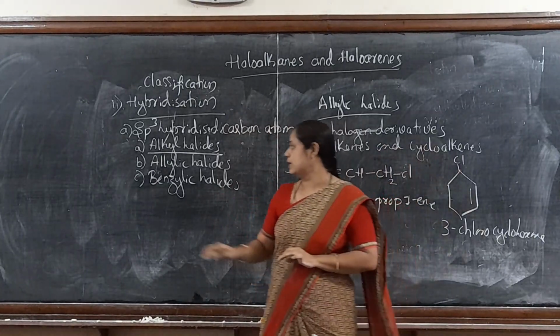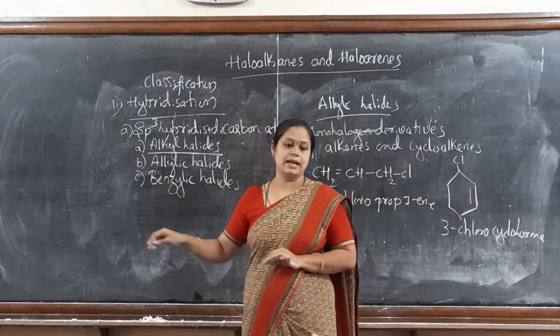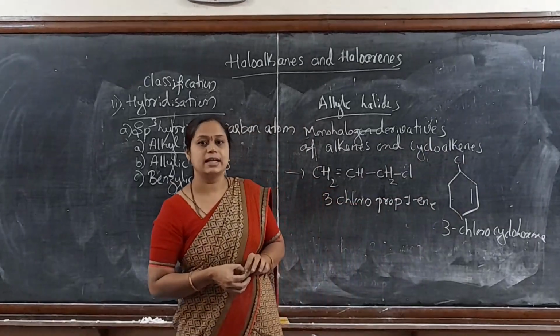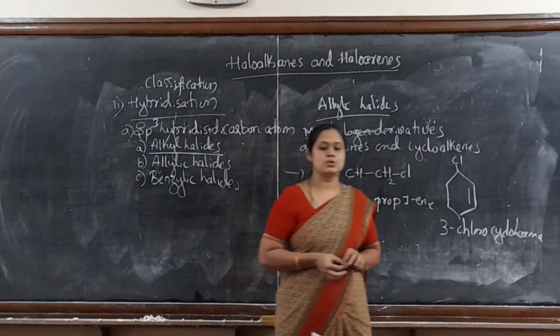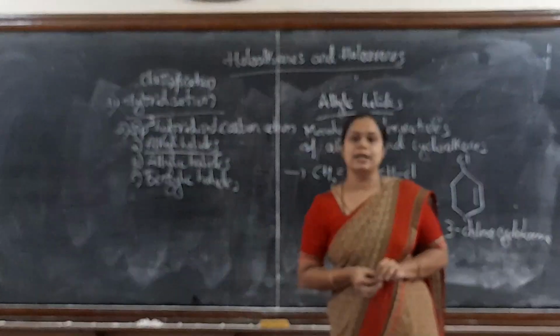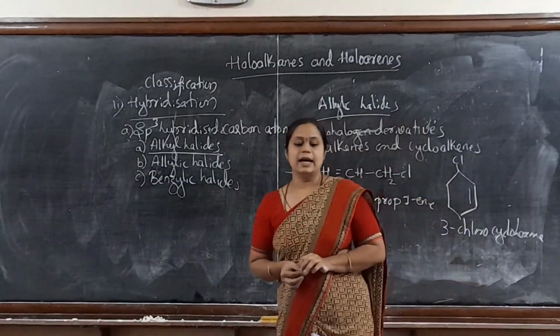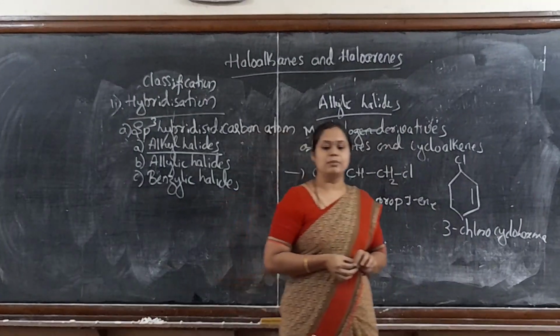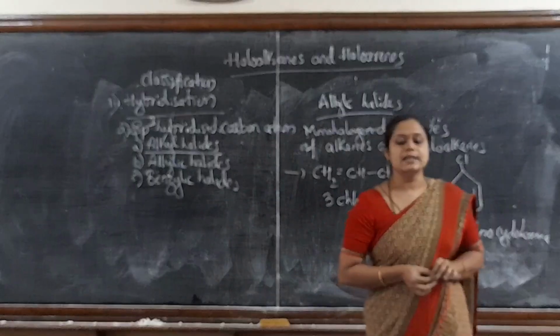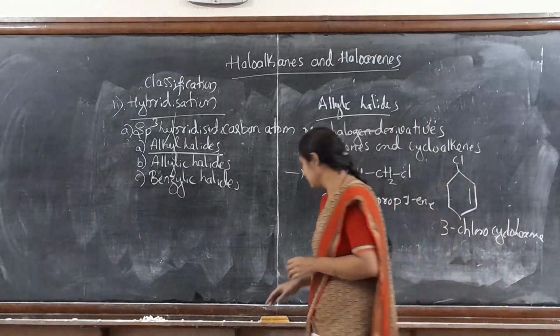The next one is the benzylic halides. These benzylic halides are the monohalogen derivatives of aromatic hydrocarbons, where the halogen atom is attached to the saturated carbon atom adjacent to the aromatic ring.